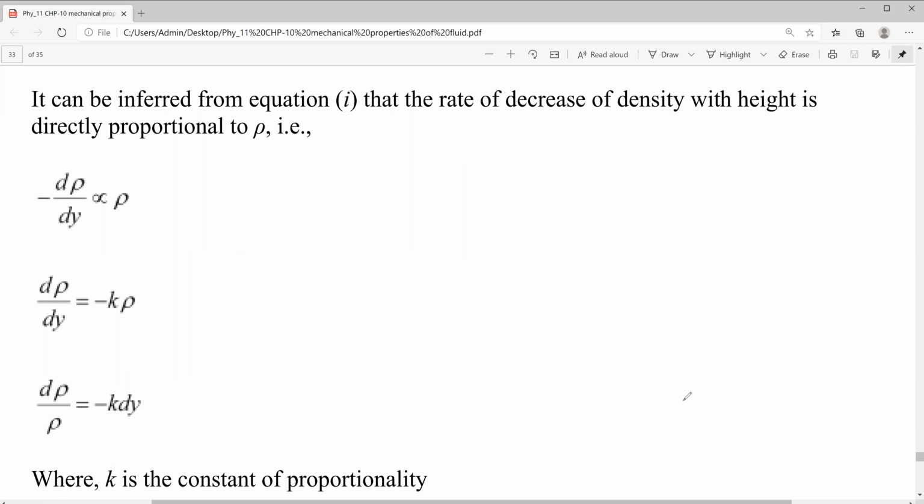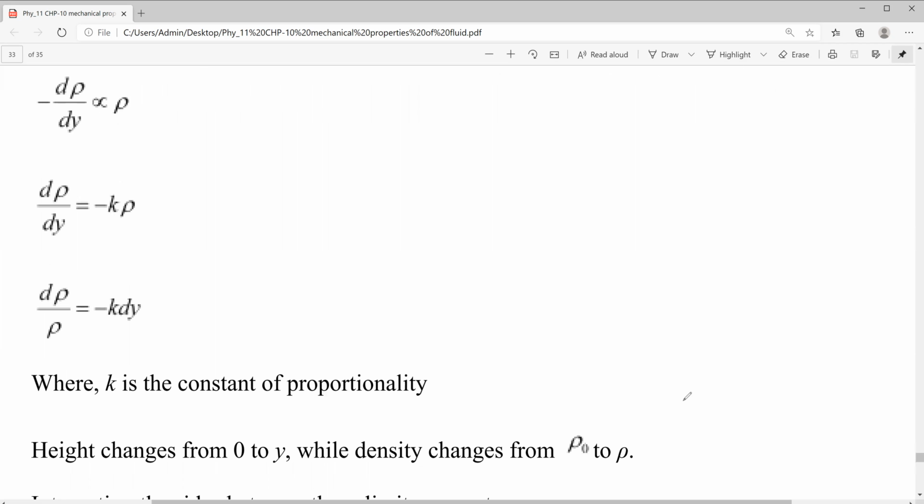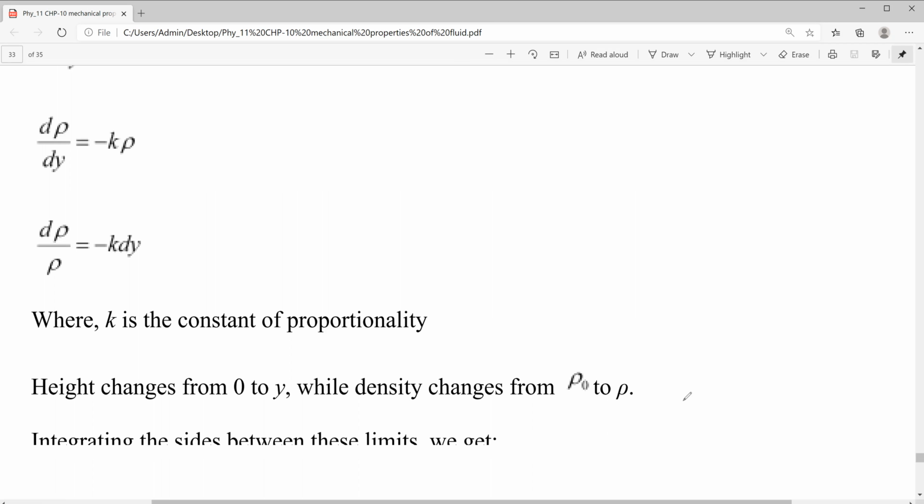The density variation is called the law of atmosphere. It can be inferred from equation 1 that the rate of decrease in density with height is directly proportional to density. That is given by minus d rho by dy is directly proportional to rho. If we remove the proportionality symbol, we introduce the equality symbol. So finally we got d rho by rho is equal to minus k into dy, where k is constant.